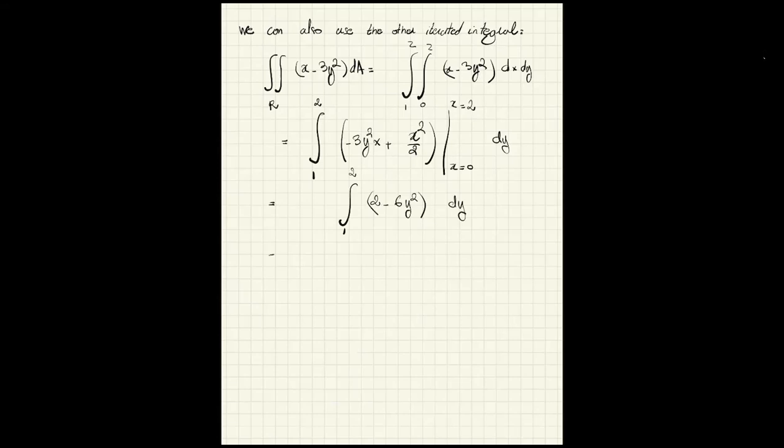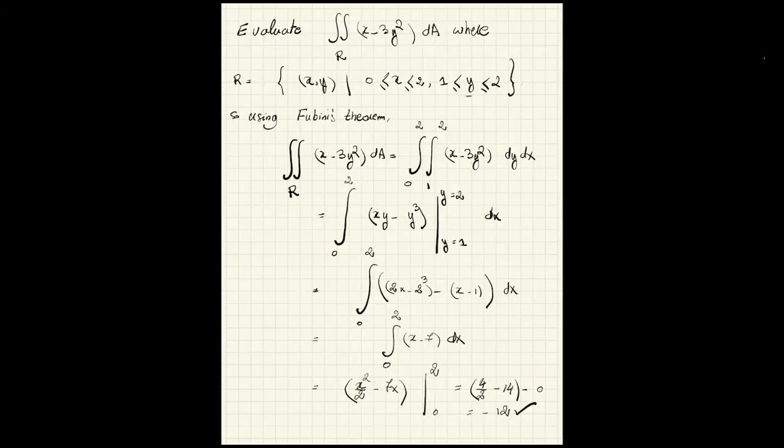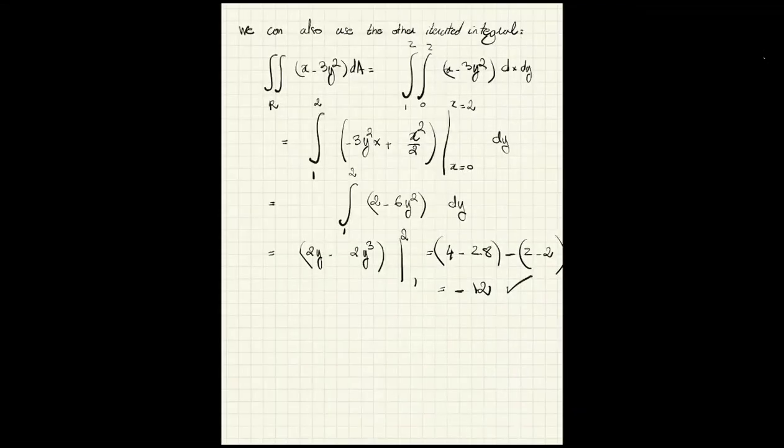And then you integrate again. This is 2y minus 2y to the power 3 between 2 and 1, which will be 4 minus 2 times 8 minus 2 minus 2, which is, this is 16 and this is 4, so it's minus 12. So it's the same thing, right? Okay, it's the same thing. Any questions?